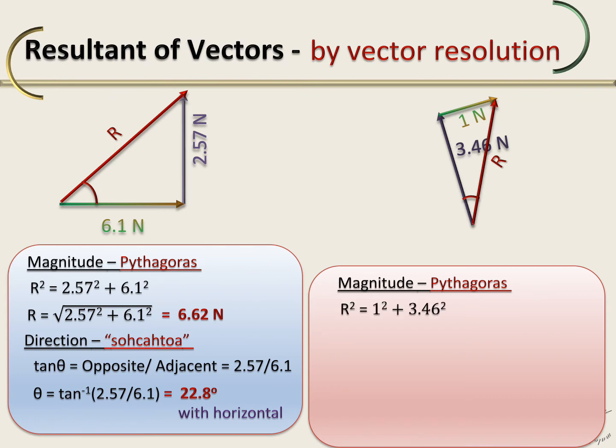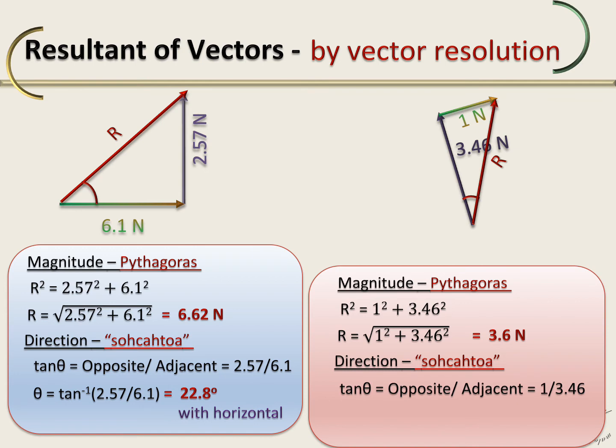The resultant value is always found using Pythagoras theorem, and the angle is found using tan. But this time the angle you will get is with the vertical line, or with the violet colored vector. It's not perfectly vertical, so you can say with the vertical violet colored vector.